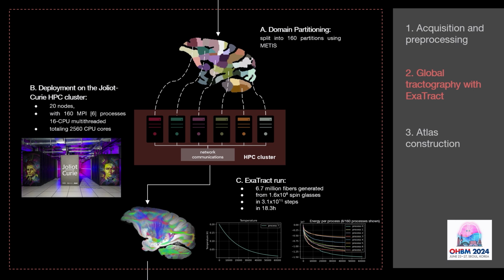We then deployed this partitioning on the Joliot-Curie HPC cluster using 20 nodes, totaling 2,500 CPU cores. Then we ran Exatract, generating 6.7 million fibers in only 18 hours.